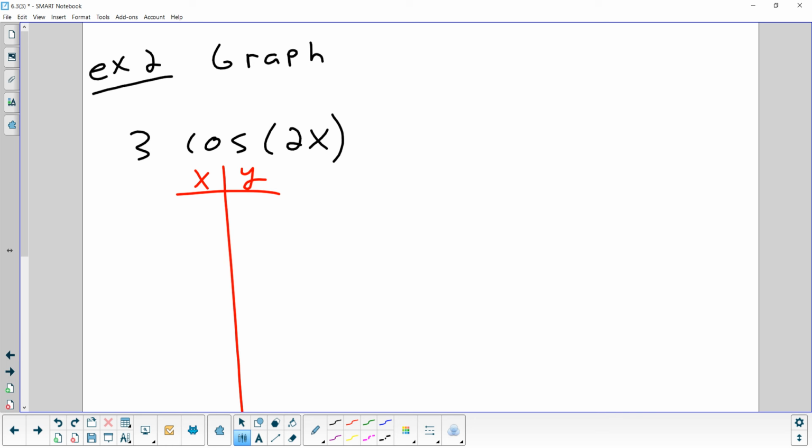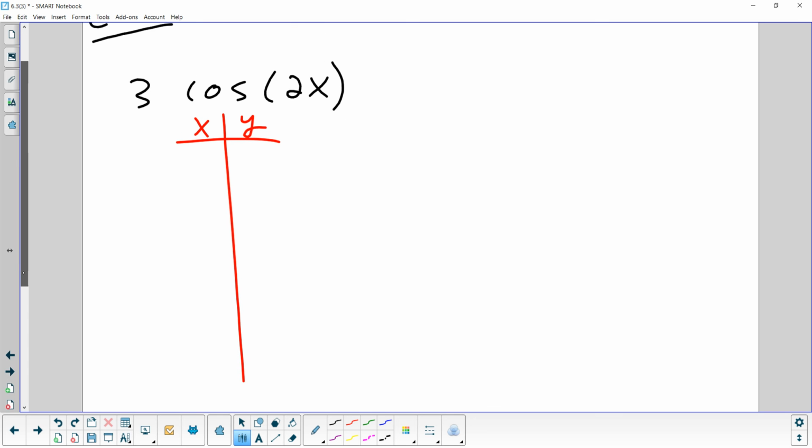And the 3, well, it's a vertical stretch, just like we did last time. Those 2 transformations, are they going to affect the same column, or different columns? Yep, that's different. We're stretching left and right, and we're stretching up and down. It technically doesn't matter which one you do first, but we'll follow the order we always do.